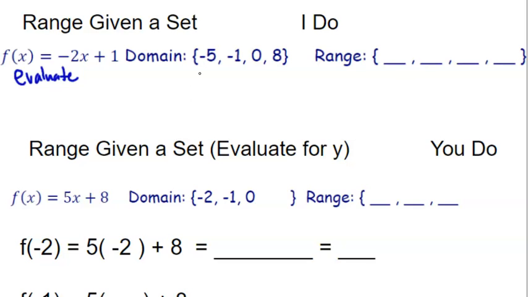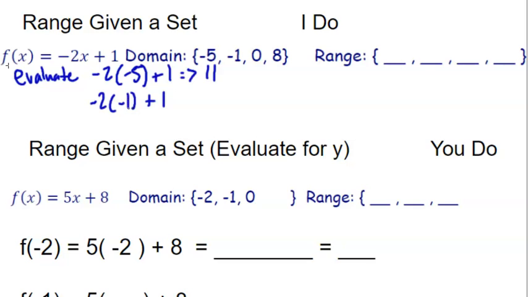For this one, you only have to evaluate. So we have negative 2 times negative 5 plus 1. To evaluate this one, we could put it in our calculator, or we could just evaluate by hand. So we have 10 plus 1. That's 11.